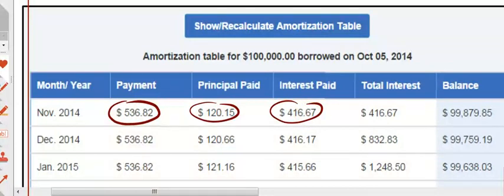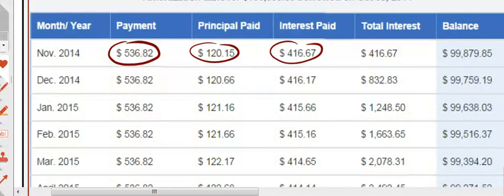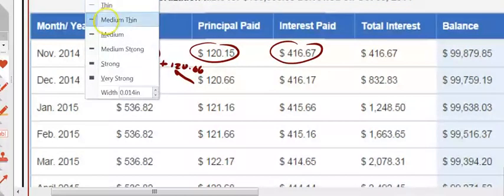Now let's talk about this extra principal payment. Let's suppose that when you send in your very first payment of $536.82, you add to that payment something we call an extra principal payment. So to the $536.82, you add $120.66.